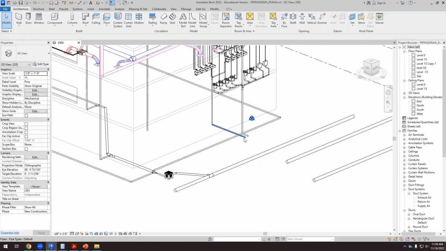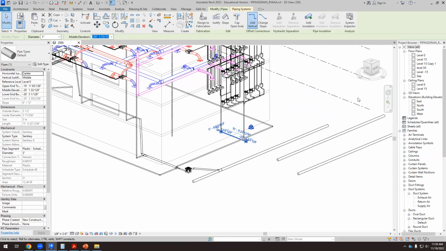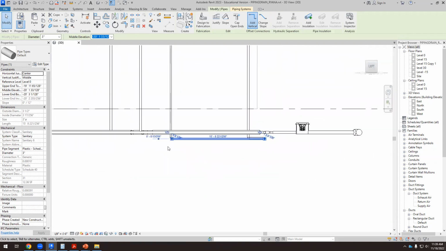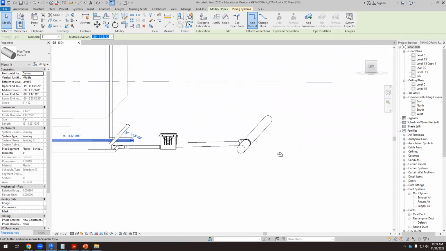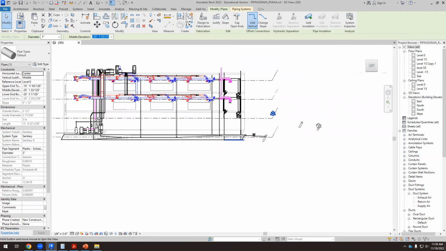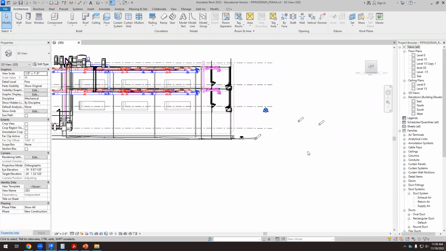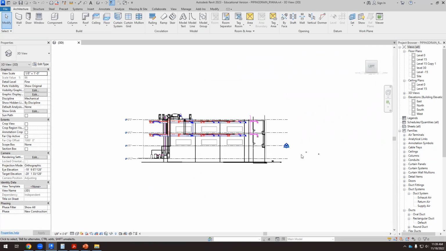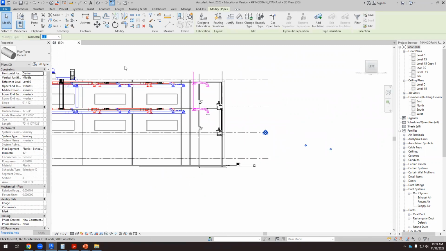And then we have to connect each element to each drainage system. Usually those pipes have different heights, but all of them underground.